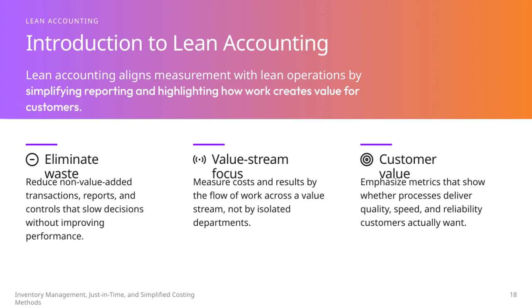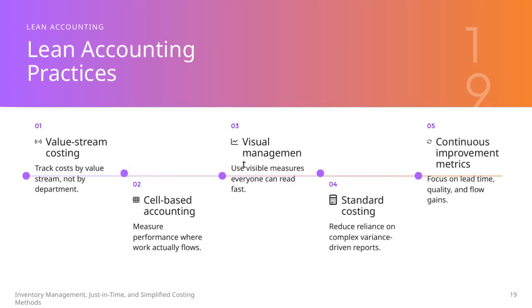Here we focus on key lean accounting practices that help streamline financial management in a lean environment. First, value stream costing tracks costs by value stream rather than by department, giving us a clearer picture of where resources are truly consumed. Next, cell-based accounting measures performance exactly where work flows, aligning accounting with actual operations.